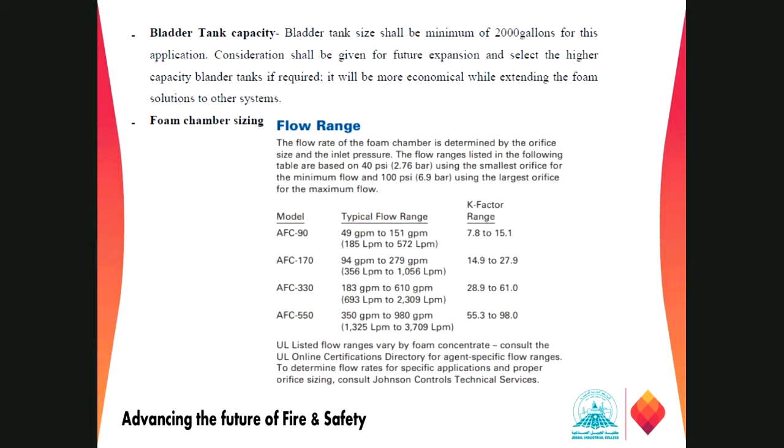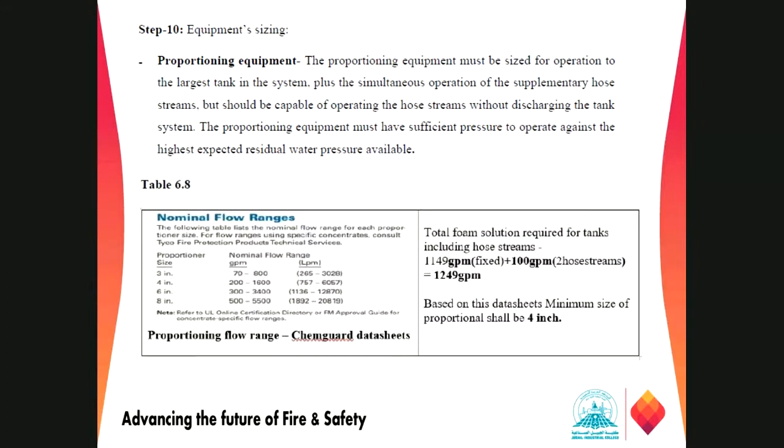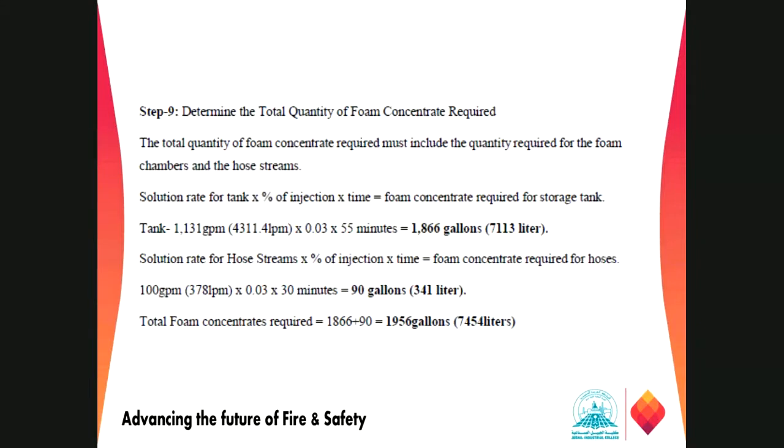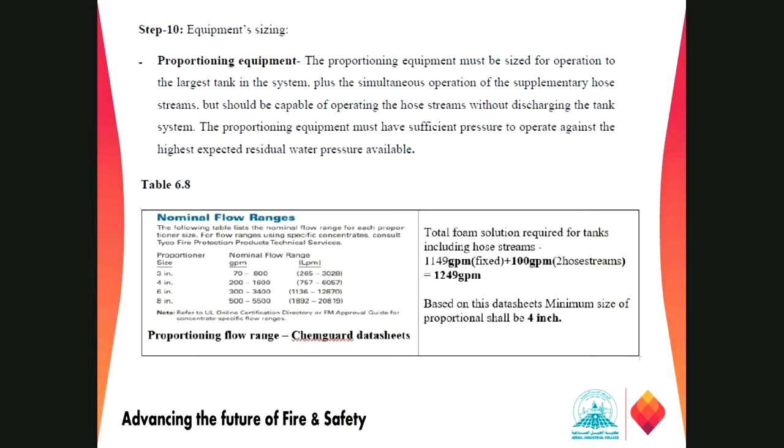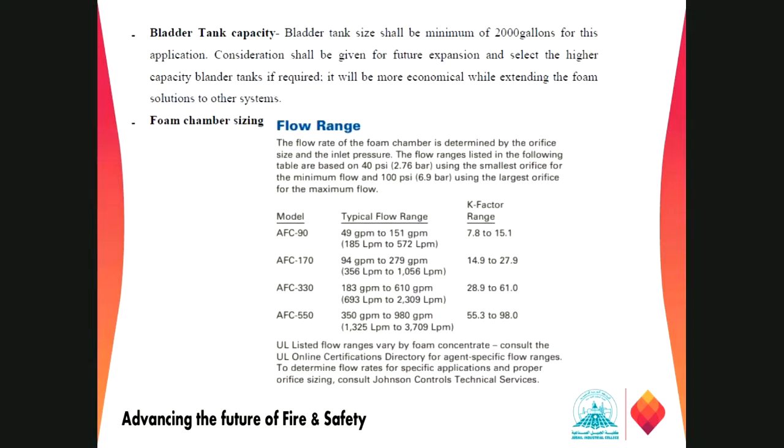And then we have to size the bladder tank capacity. We determined the minimum foam required is around 1956 gallons, which is approximately 2 cubic meters. Based on that, we can use data from Ansul-made bladder tanks. So we need a bladder tank size of minimum around 2000 gallons for this application.